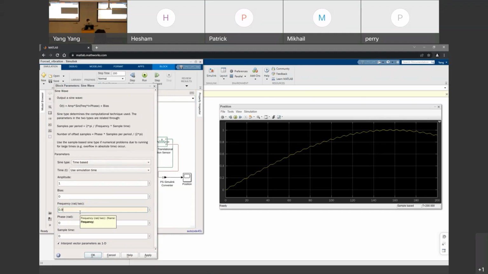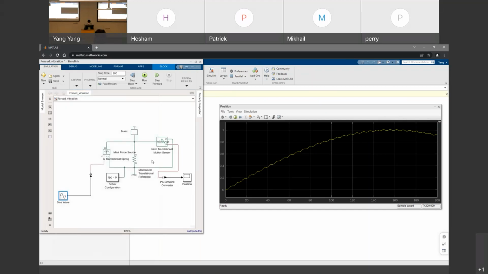When the frequency of the force is very close to the natural frequency, but not equal to the natural frequency, what will happen? We should check that. Yes, that's correct. We will have beating. So let's see what will happen from the analysis.